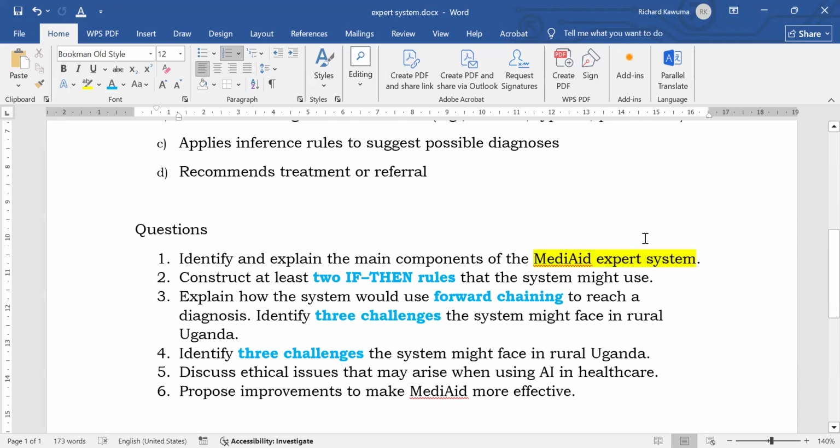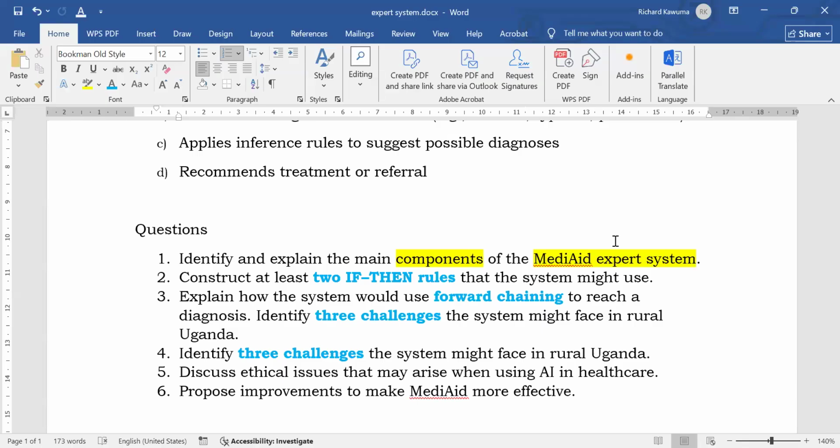Now, they are talking of components. So we are looking at the various components that are going to form a software solution, because the expert system is a software solution.